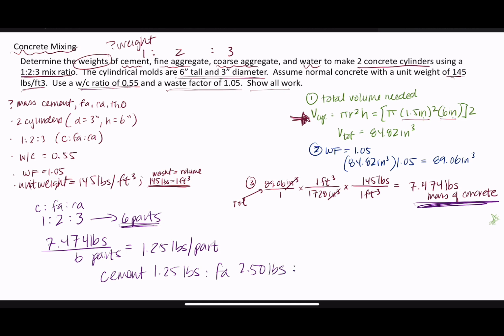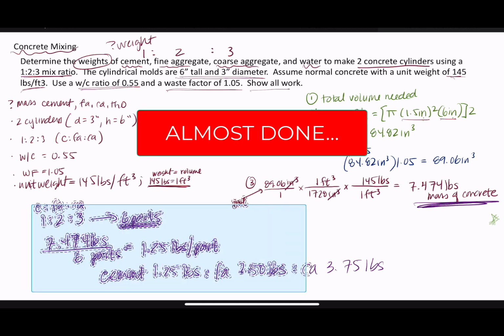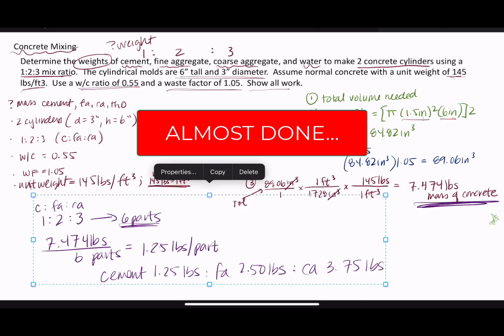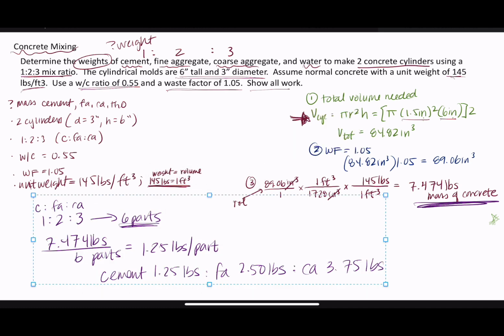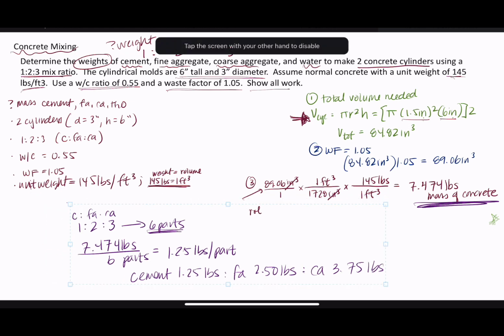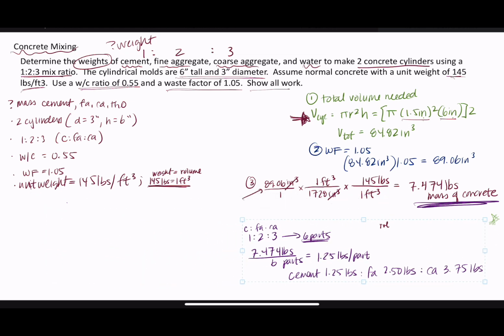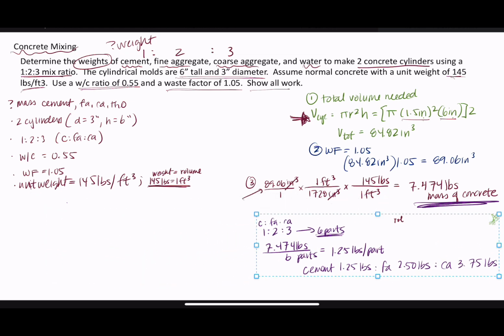And then my coarse aggregate would be 3 times, so 3.75 pounds coarse aggregate. Yes? All right. I forgot to label it. That's fine. So this would be step 4.